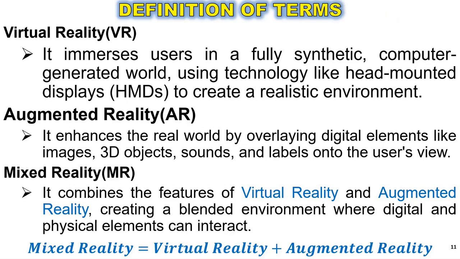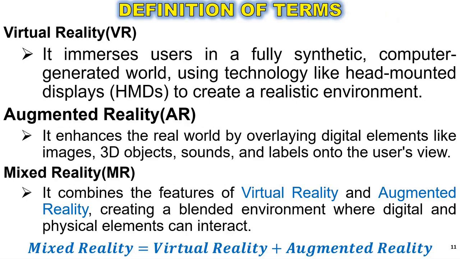The meaning of virtual reality or VR: it immerses users in a fully synthetic or artificial, computer-generated world using technology like head-mounted displays to create a realistic environment. Augmented reality or AR enhances the real world by overlaying digital elements like images, 3D objects, sounds, and labels onto the user's view.